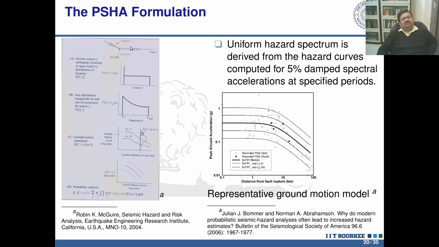So ideally, it is based on some kind of source zonation, seismic source identification, and then characterization of the earthquake magnitude distribution, how different magnitudes are distributed. These are all estimated from the seismicity catalog of the region.